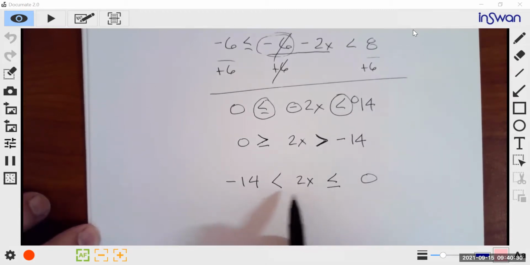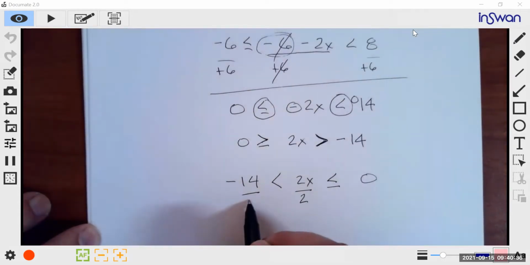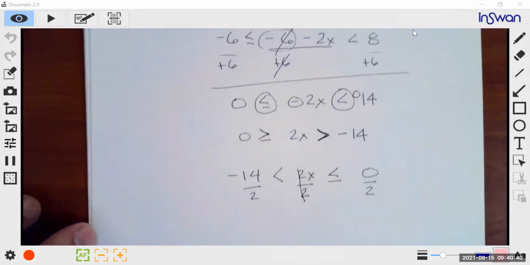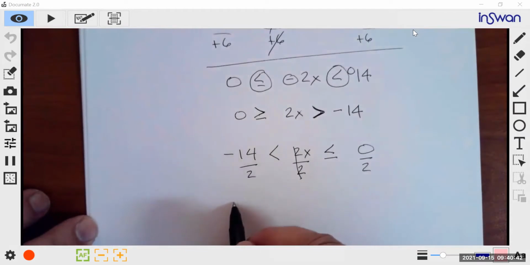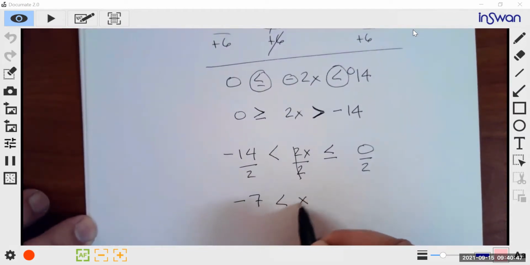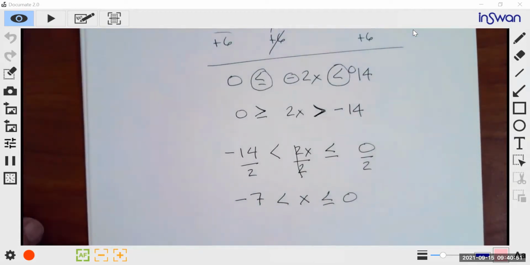So we have -14 less than 2x less than or equal to 0. To get the x by itself, divide each term by 2. 14 divided by 2 is 7, so it's -7 less than x. 0 over 2 is 0.